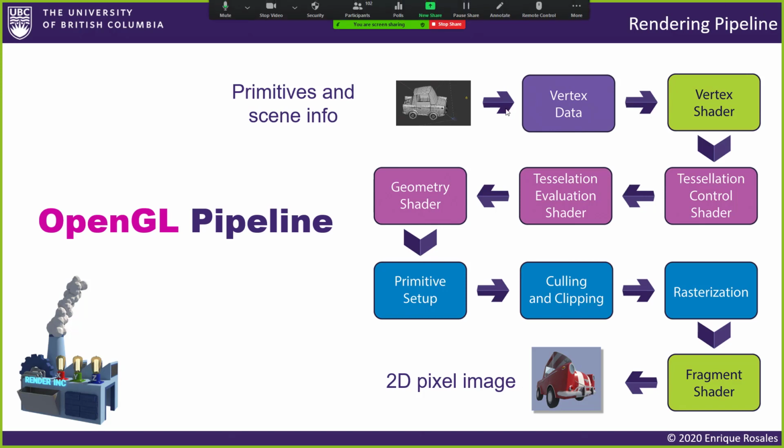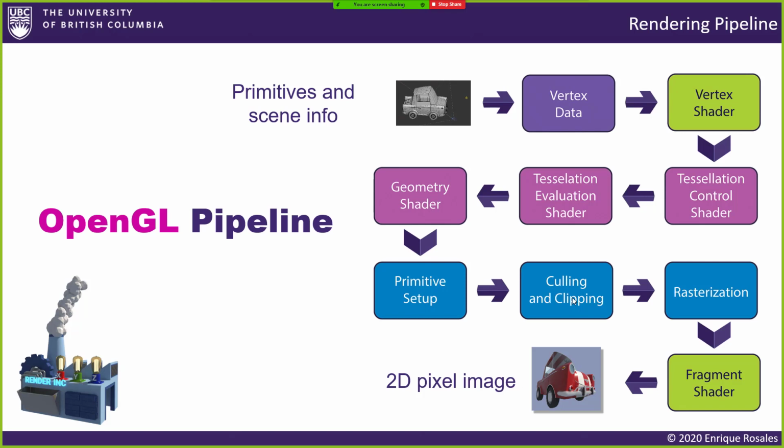Okay, so basically the information is going through these sections. First is the vertex shader, then we have the tessellation section with the geometry shader. Then all this section is called rasterization or rasterizing. This is where the geometric information that we feed to the GPU is converted into something called fragments.